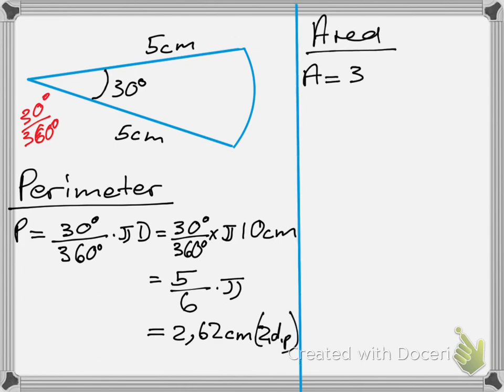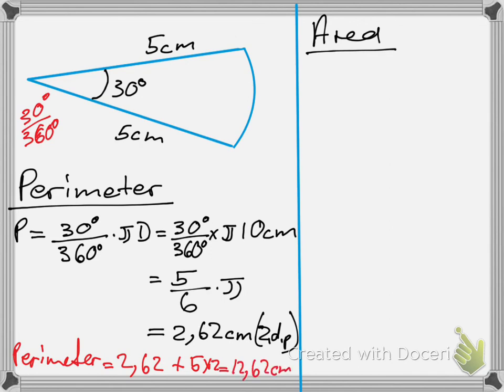Here, remember, you are not done with this formula, because you need to add the radii. So the total perimeter of this shape is going to be 2.62 plus 5 times 2, which will give you 12.62 centimeters.